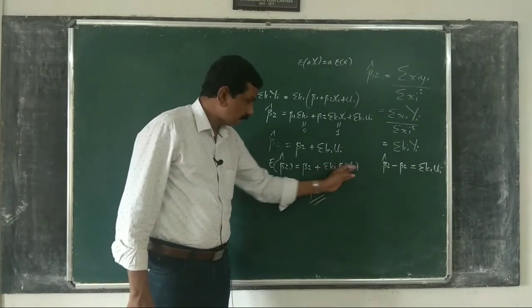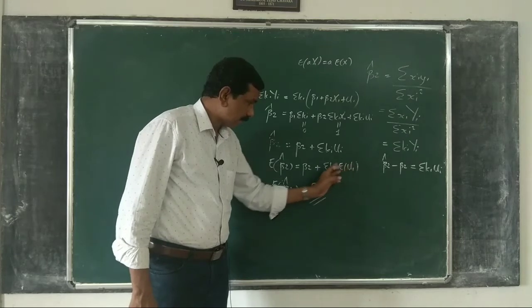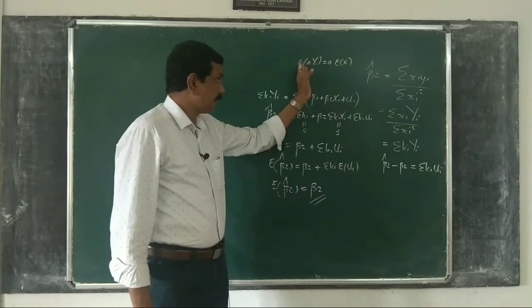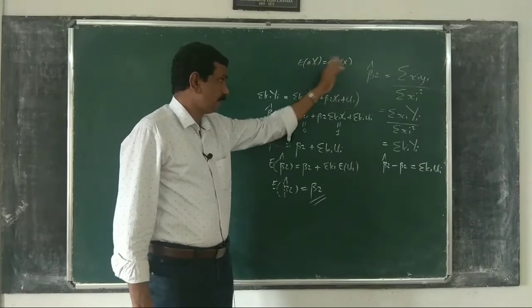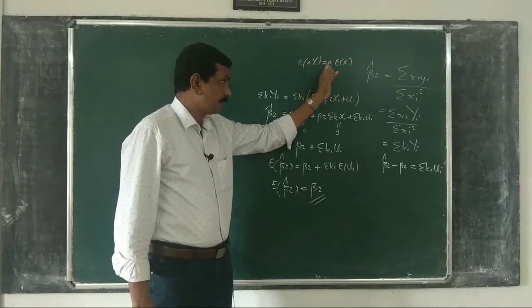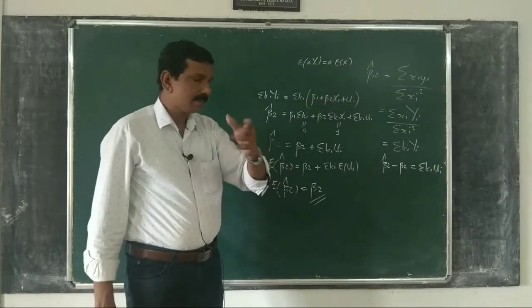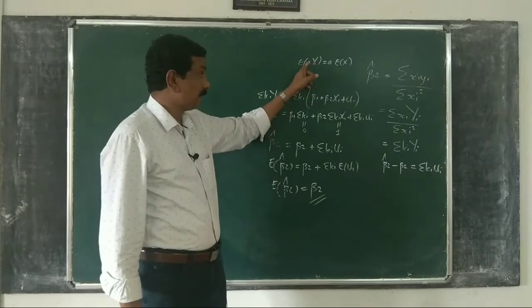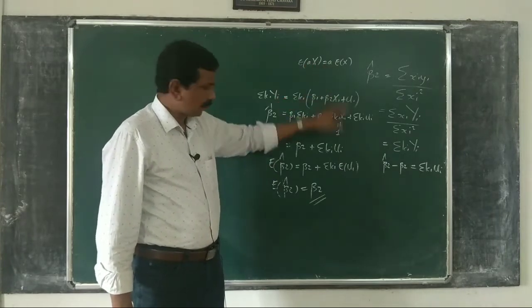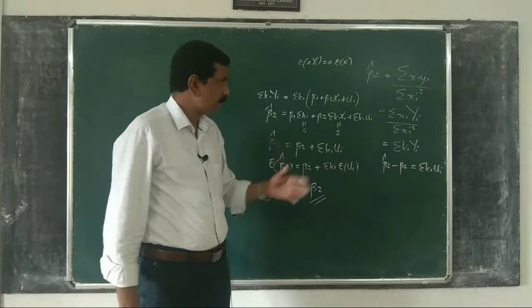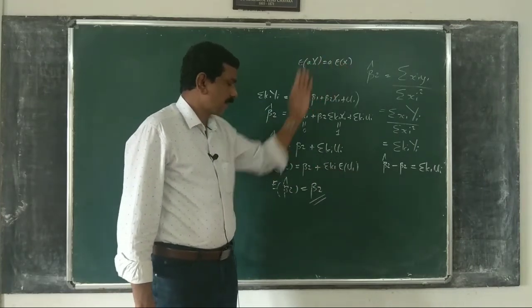Otherwise, we have to go for this: if a and x are variables, then expected ax is expected a into expected x, provided that a and x are uncorrelated, on the assumption that a is also a variable. But if we assume that x is fixed in repeated samples, this can easily be written like this.